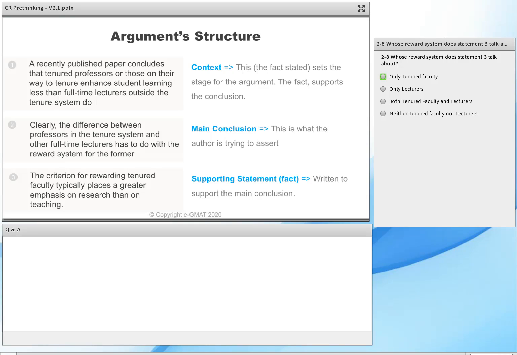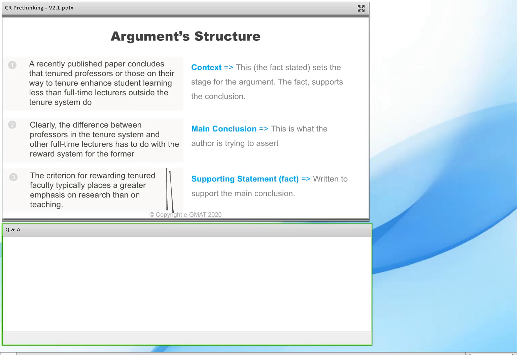Whose reward system is statement 3, which is this statement here talking about? Just tenured faculty. I have 32, 33, 34 responses. Close to 40 responses now. Let me broadcast the results. 80% of you got it right. You're saying, hey, it's only tenured faculty.